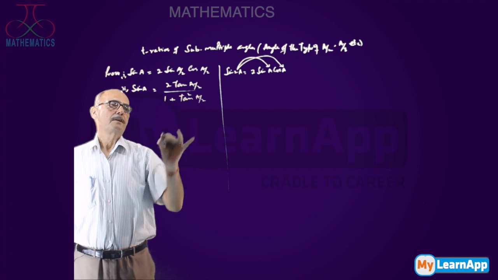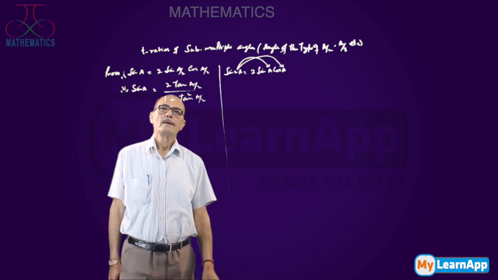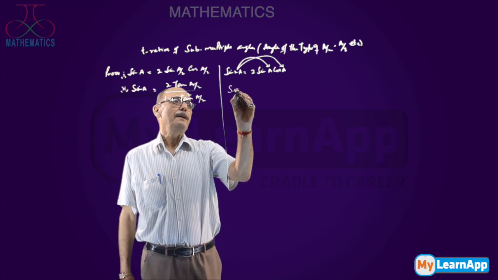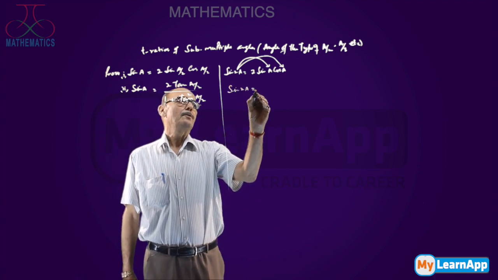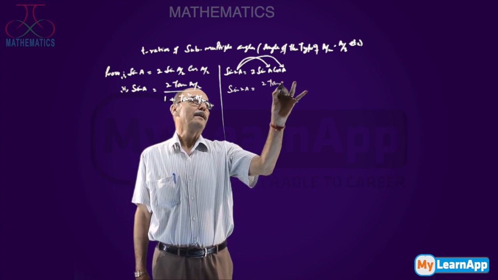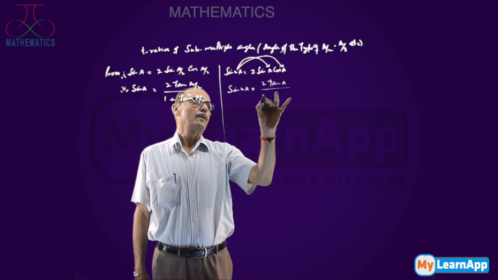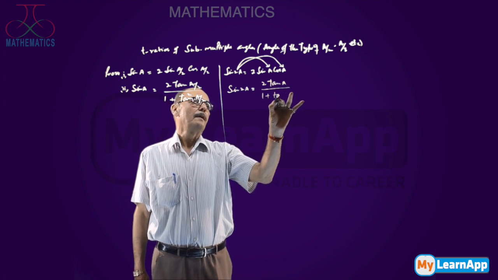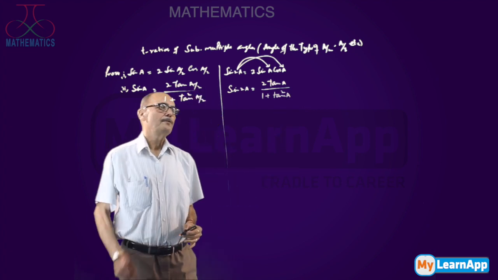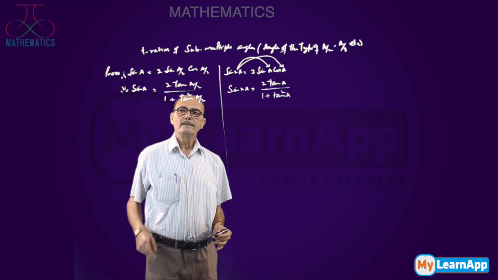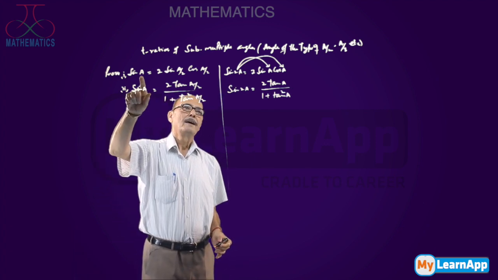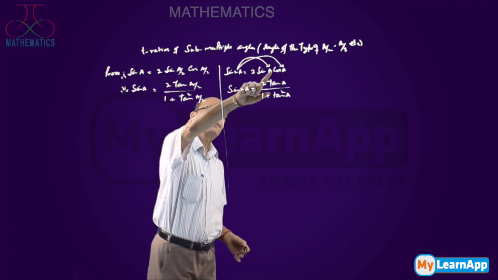It is plus here. So, it is similar to this formula, sin 2A equal to 2 tan A over 1 plus tan square A. The difference in these formulas is that here 2A is replaced by A, and on the right hand side A is replaced by A by 2.